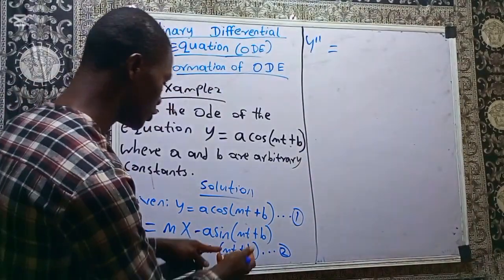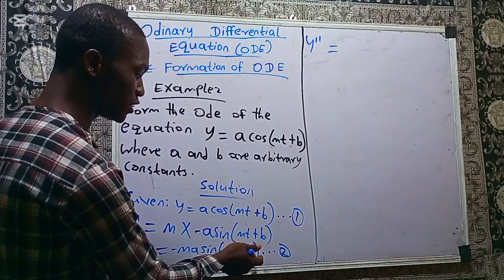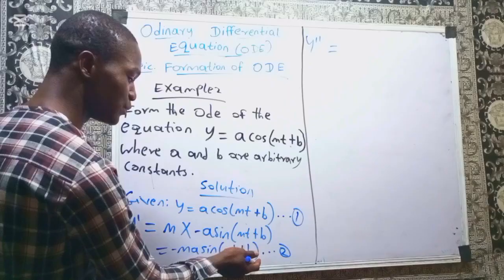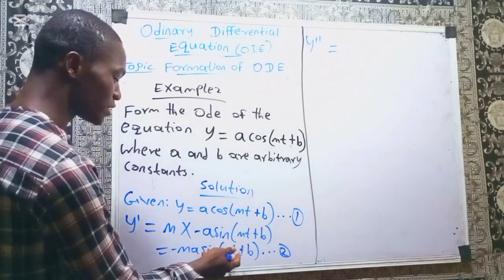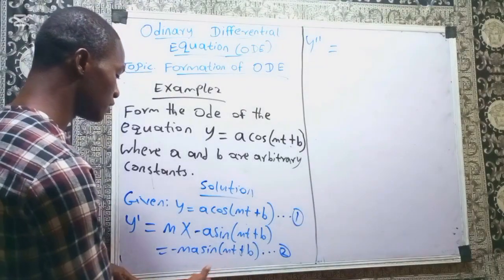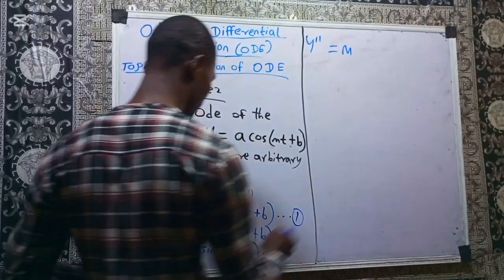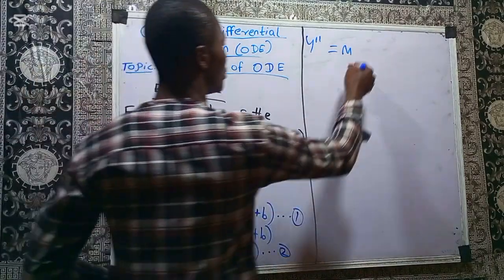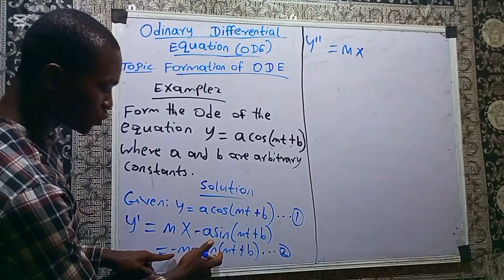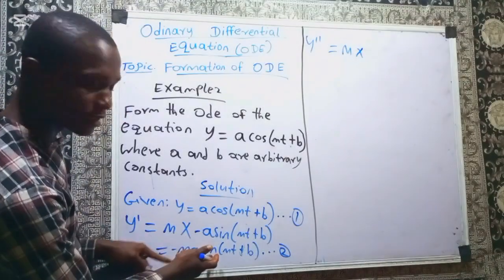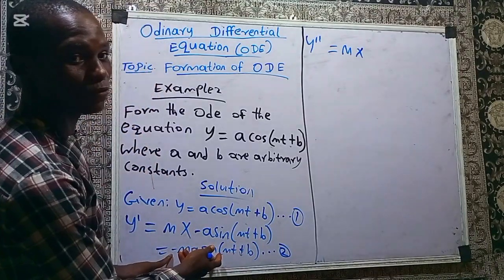So as usual, you differentiate the angle of the trig, that's mt plus b. If you differentiate mt plus b, differentiate b, you get 0. Differentiate mt with respect to t, you are going to get m, as we have done earlier, right? Then you are going to use the result to multiply. So you are going to get m. If you differentiate sine, what will you get?